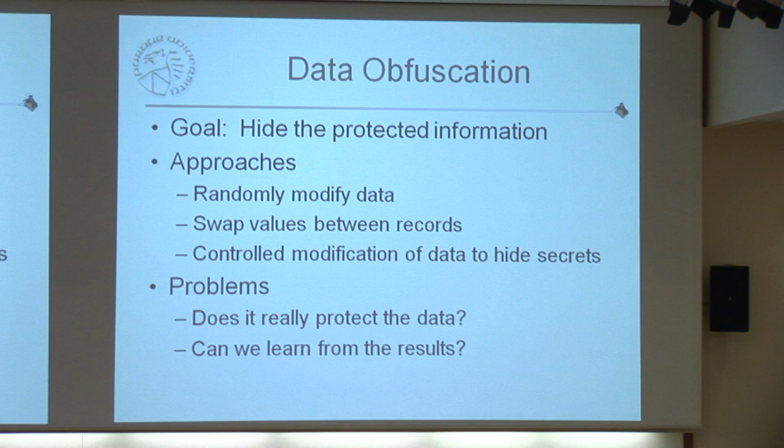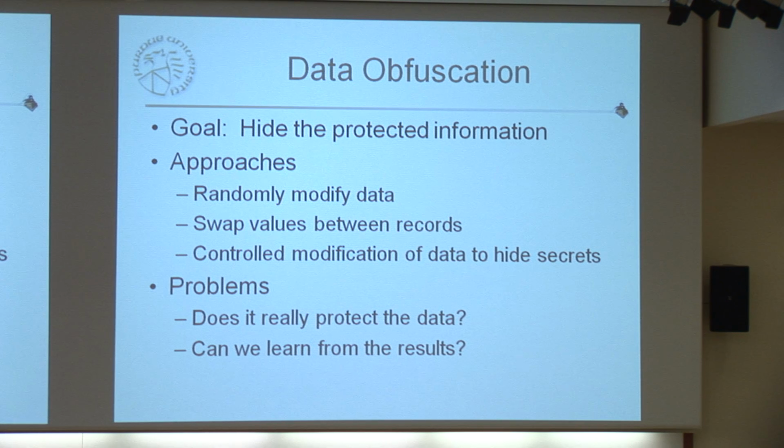So with data obfuscation, the idea is we're going to randomly modify data or swap data between records, some sort of controlled modification of the data to hide things we know we want to hide. We're hiding our protected information by modifying the data.